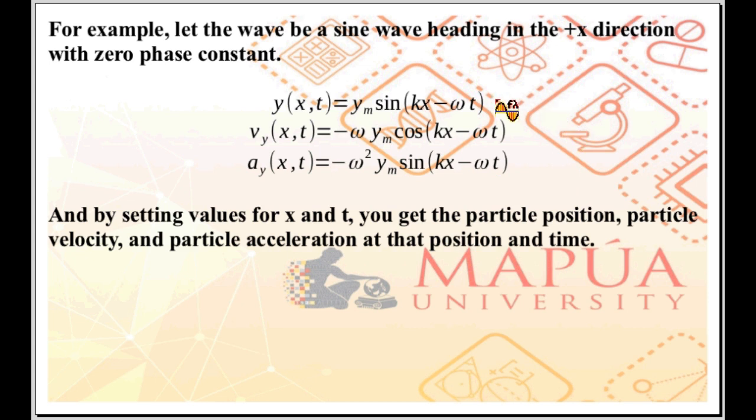The position function, the velocity function, and the acceleration function for a sine wave heading in the positive x direction with zero phase constant. And by setting the values for x and t, we can get specific values for the particle position, the particle velocity, and the particle acceleration at that position x and at that time t.